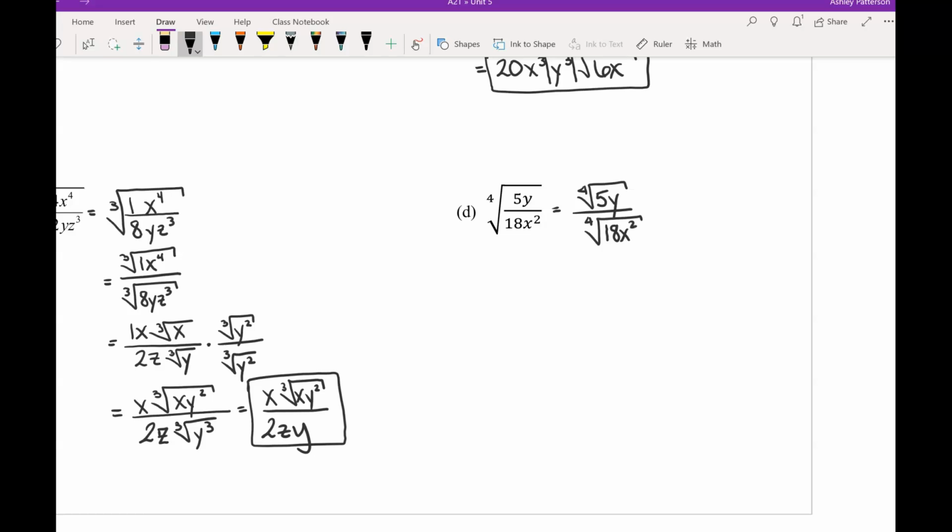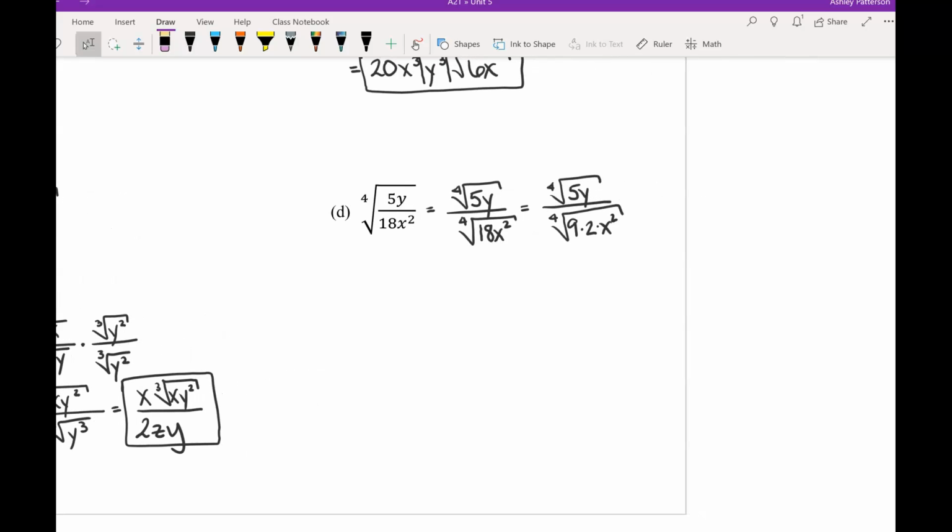Okay, we have to rationalize. Well, 18 is 9 times 2. Shoot, there's not anything else that we can pull out because there isn't a group of 4. Okay, so I'm going to rewrite it as the 4th root of 5y all over the 4th root of 9 times 2 times x squared. So I can see what I need to add to get groups of 4.